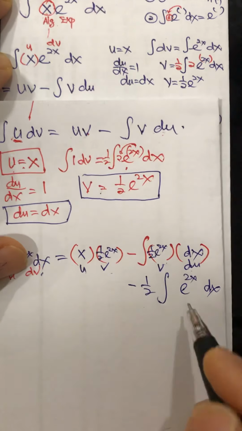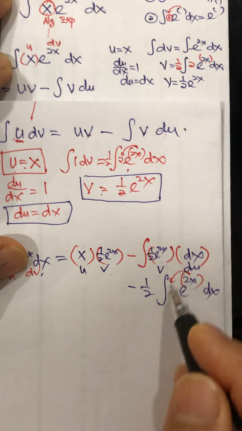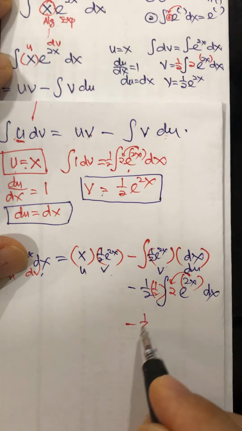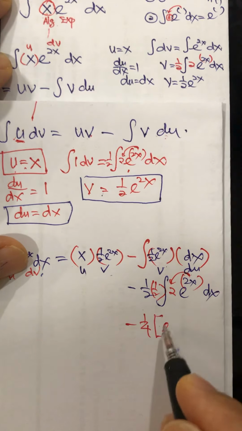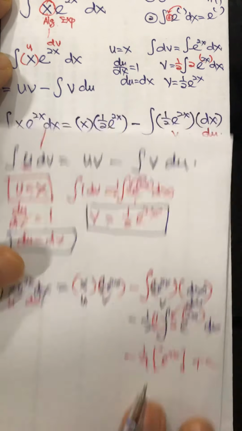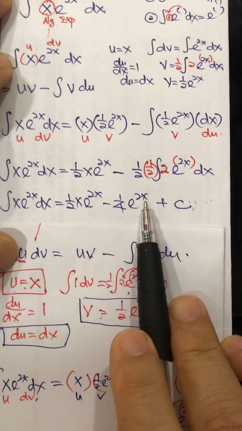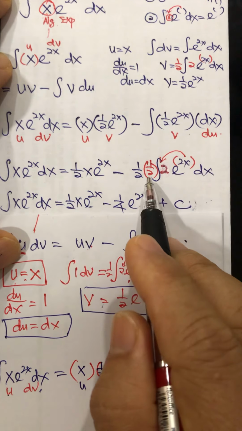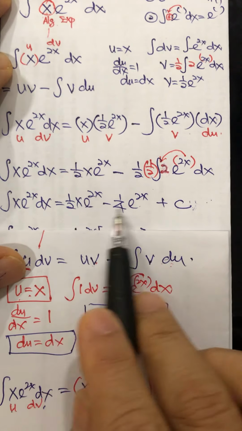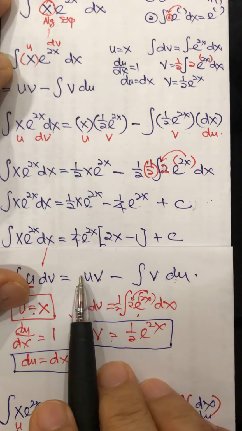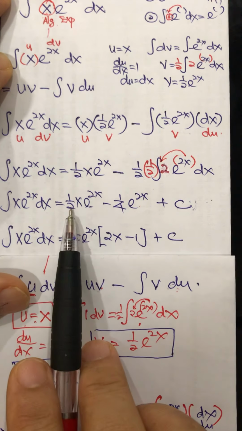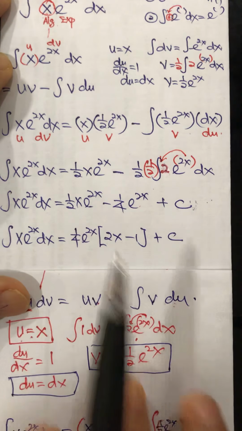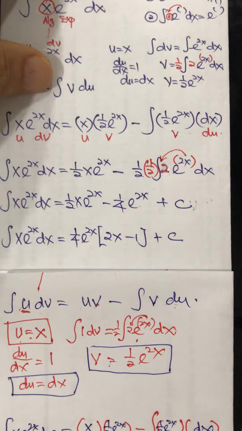Because I want to integrate e to the 2x, the bracket is here, I need another 2 here and half here. That's why I get 1/4 e to the 2x, then plus c. You see I need to have another 2 here, that's why I get this answer. So this is the answer. Of course, if you want to factorize, you can take out this, you can factorize to get this. That is how you do integration by parts.